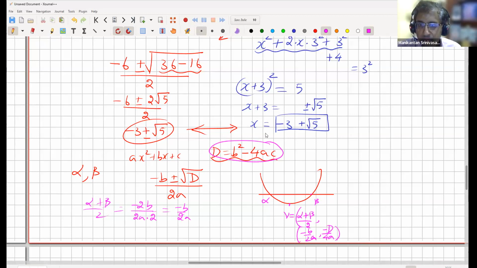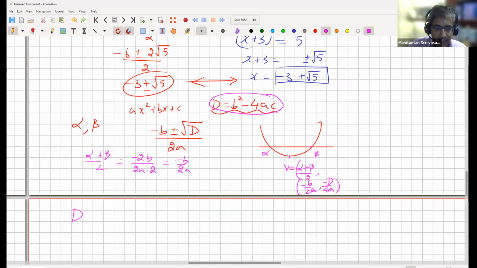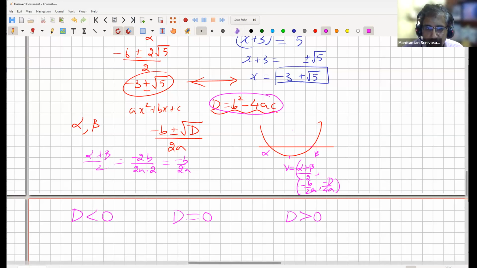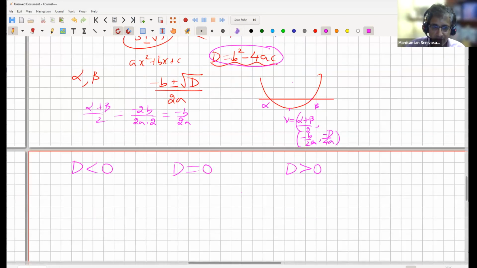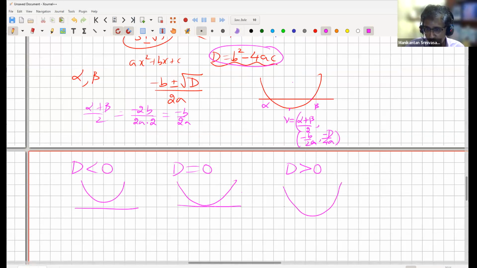Okay. And then we also know that depending on whether the discriminant is less than 0, equal to 0, or greater than 0, the quadratic function will either not touch the x-axis at all, or just graze the x-axis, or cut the x-axis in 2 points, right?